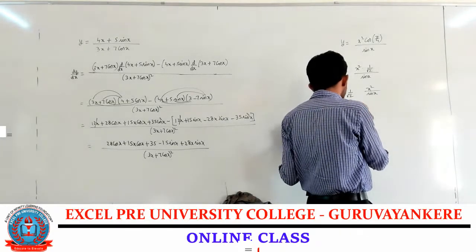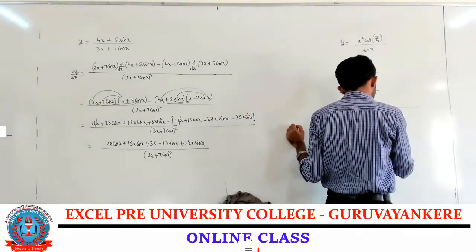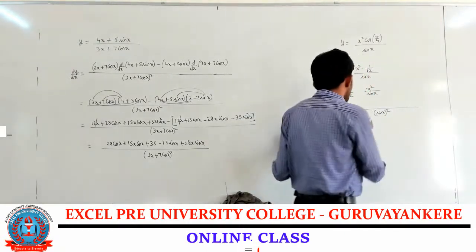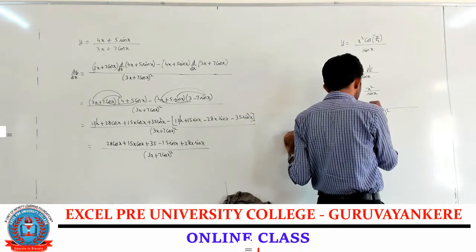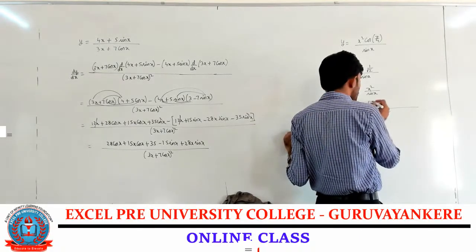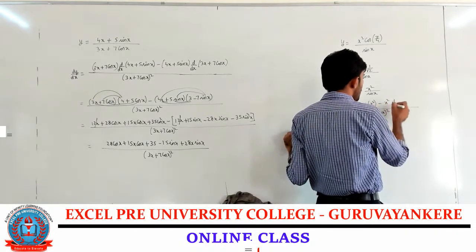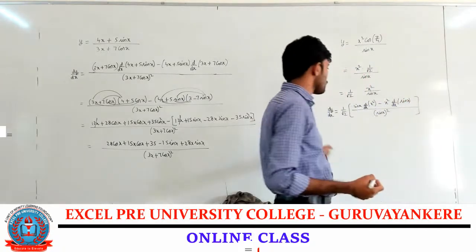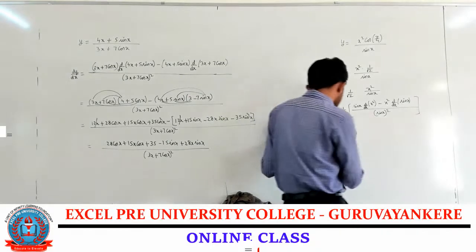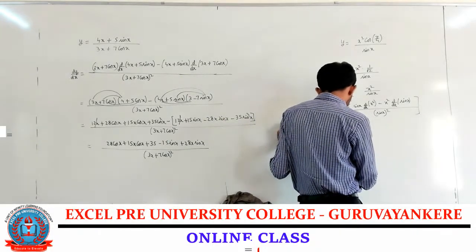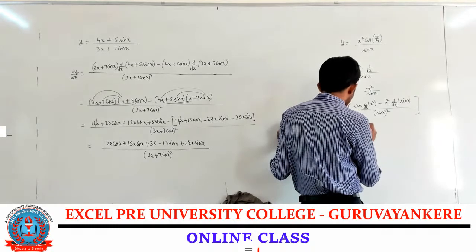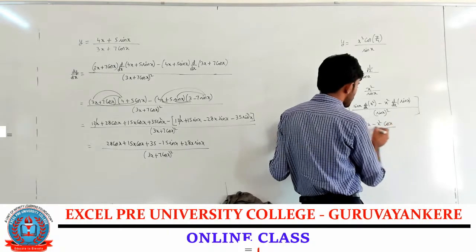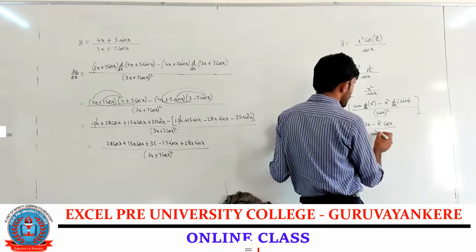Denominator square. Denominator keep as this. Differentiate the numerator minus numerator into differentiate the denominator. 1 by root 2, sin x into derivative of x square is 2x, minus x square into derivative of sin x is cos x, divided by sin square x.